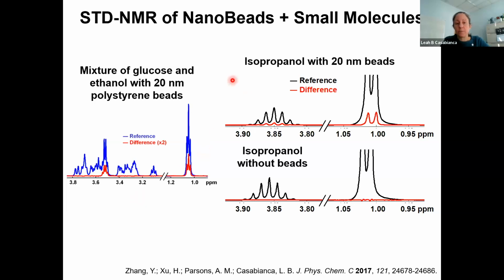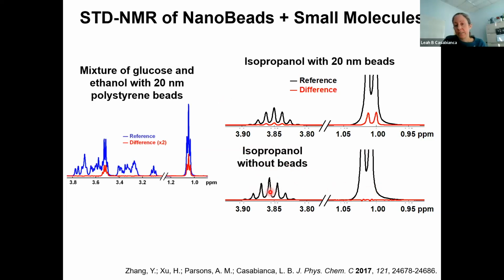One thing that you should always be careful about when you're doing these experiments is you want to make sure that you're not accidentally saturating the ligand resonances. So we always like to do a control experiment. In this case, this is isopropanol interacting with 20 nanometer polystyrene beads. We see some STD effects for the isopropanol. Our control experiment is done for the same concentration of isopropanol, same saturation frequency, same saturation time, but without the nanoparticles or without the receptor.